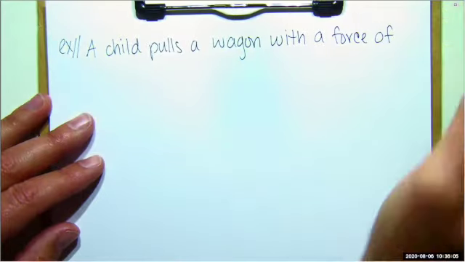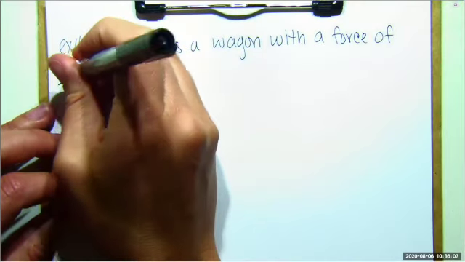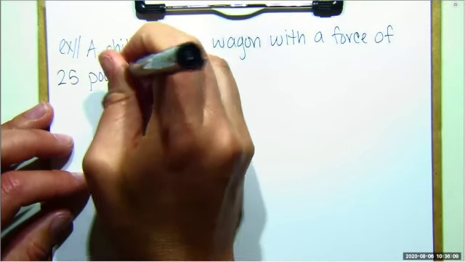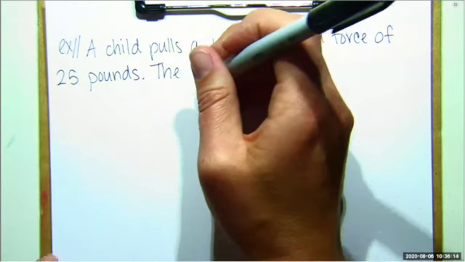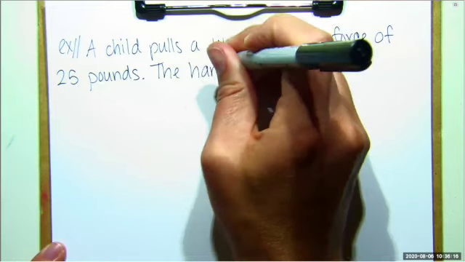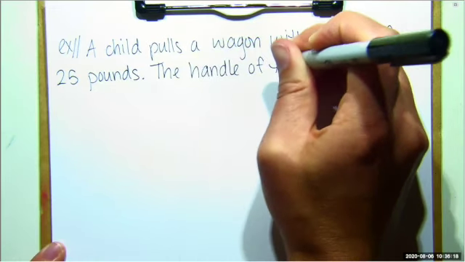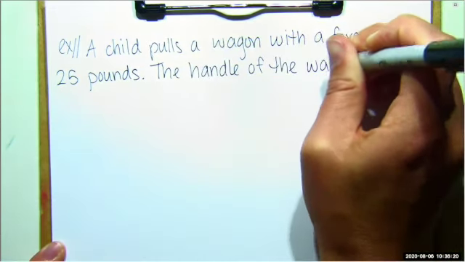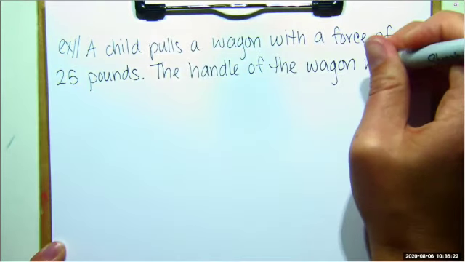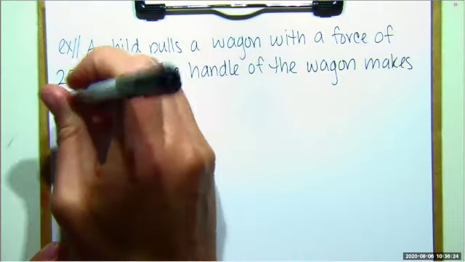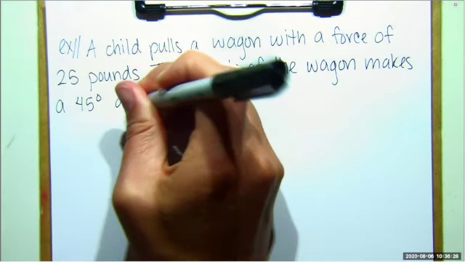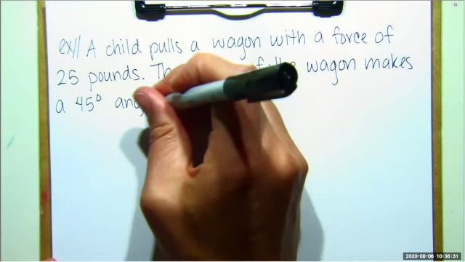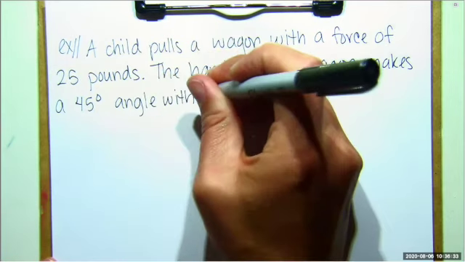Okay, so a child pulls a wagon with a force of 25 pounds. The handle of the wagon makes a 45-degree angle with the ground.